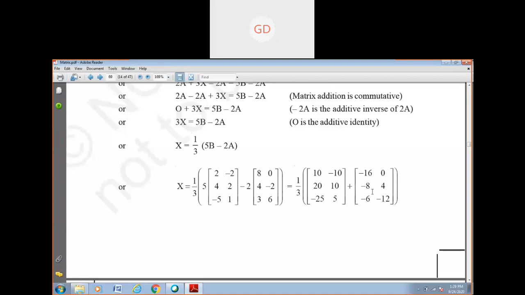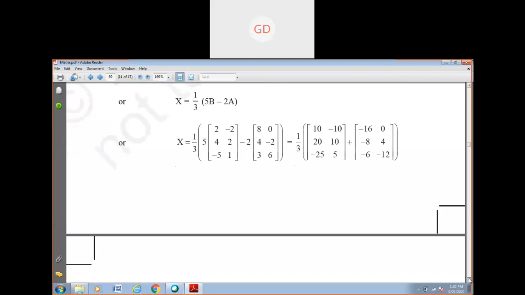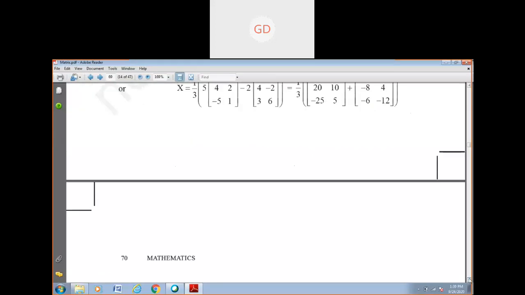So now it is simply addition of two matrices. Addition of two matrices means corresponding elements we have to add. Adding corresponding elements, we will have a single matrix from these two matrices, which has to be finally multiplied by 1 by 3, the constant lying outside.